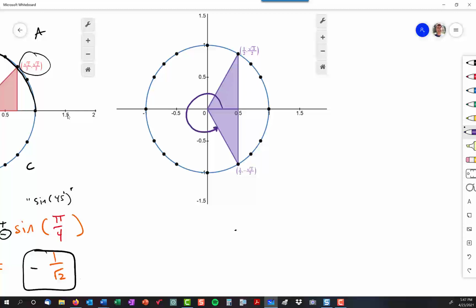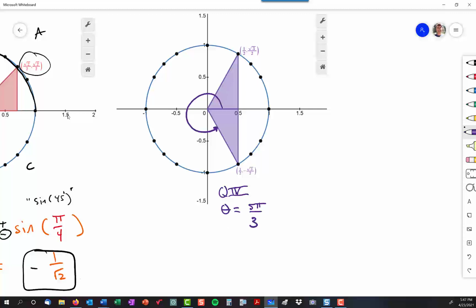All right, there's my theta. So my angle is in quadrant 4. And my angle in this scenario is going to be, let's see, 5 pi thirds.